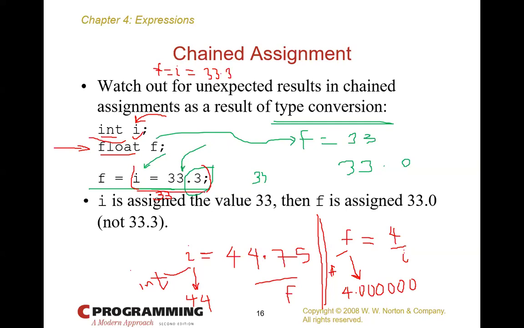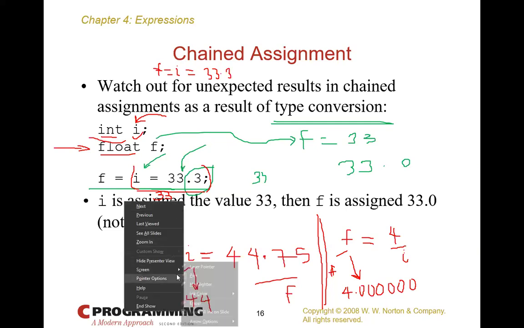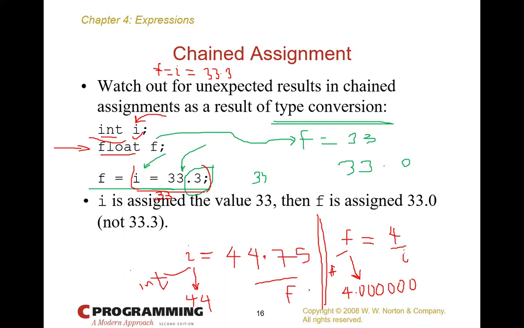And since it is a chained expression, it means we are assigning the left-hand side to the result of the right-hand side. This is important, please. We are assigning the left-hand side to the result of the right-hand side, which means the next thing you are doing now is f is equal to 33. This is the meaning of this.